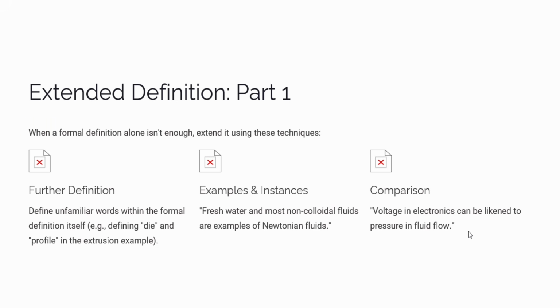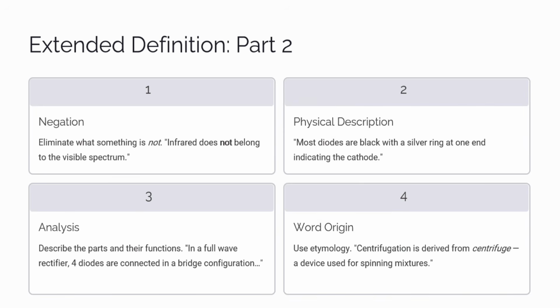In voltage there is potential difference, and in fluid flow, the pressure at one point can be greater than the pressure at the other point. You understand me? So comparison can help you to do your extended definition.